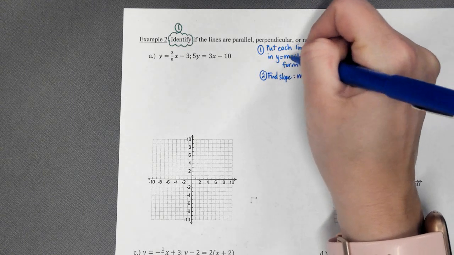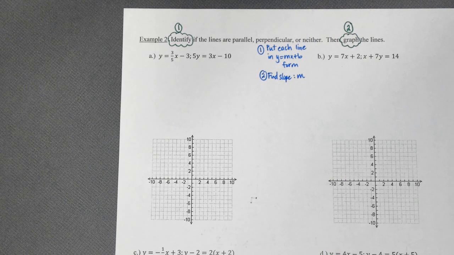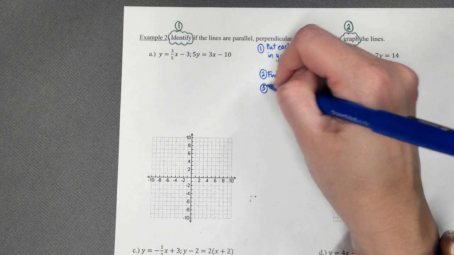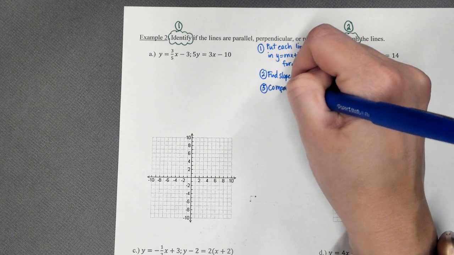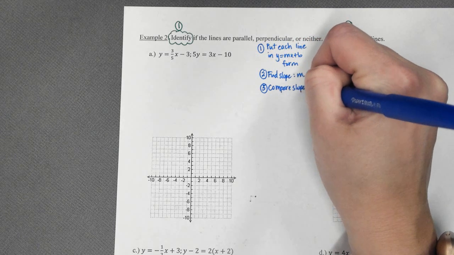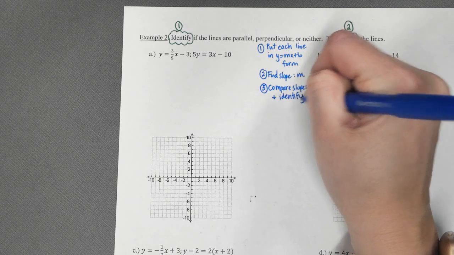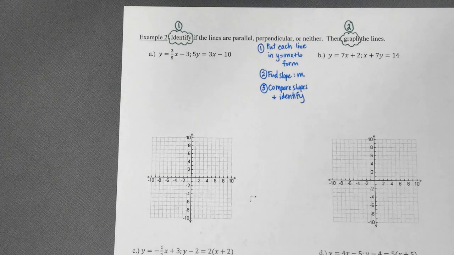You can pick out your M right away. And then once you find the slope of each line, you are going to compare the slopes. Okay, and then you're just going to identify if they're parallel, perpendicular, or neither.